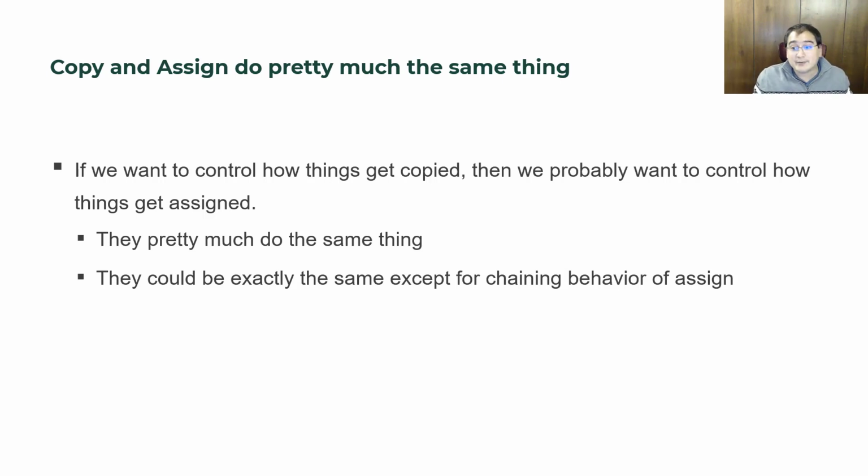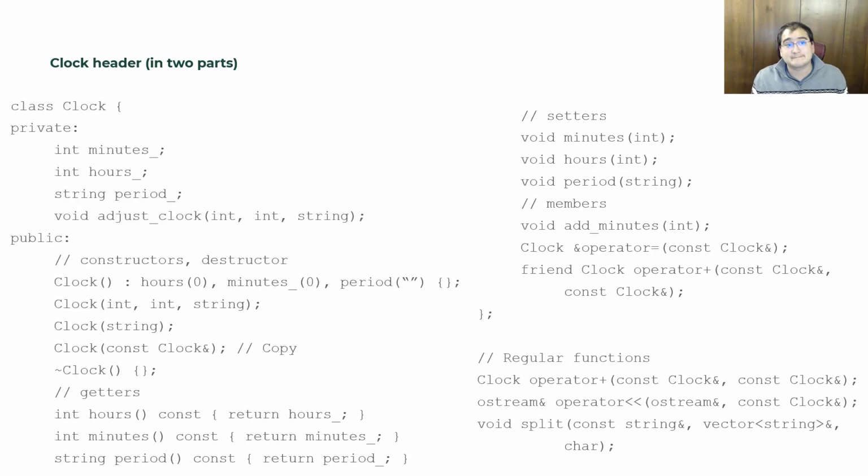The only thing that's different is that assignment allows for chaining. You're allowed to say like A equals B equals C. And what that means is that you have to return from a copy assignment a reference to the object that was just assigned to. And I'll show you an example of that in just a bit.